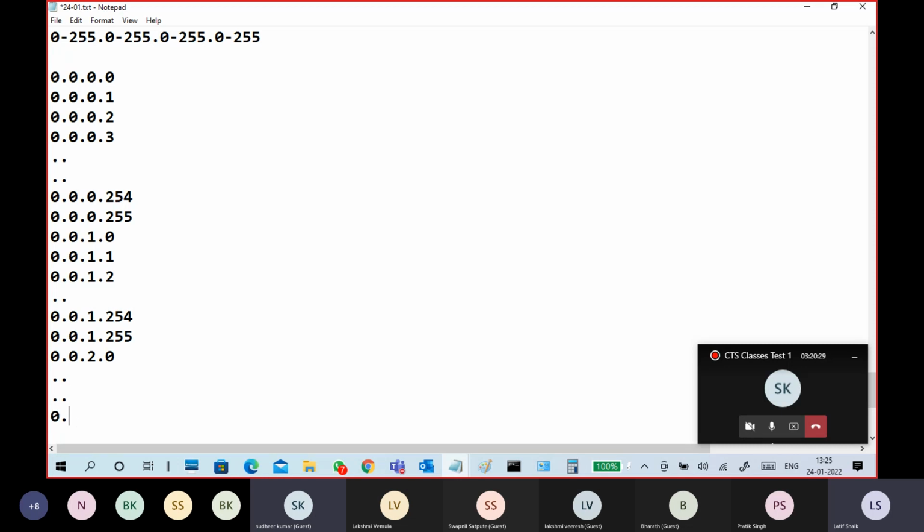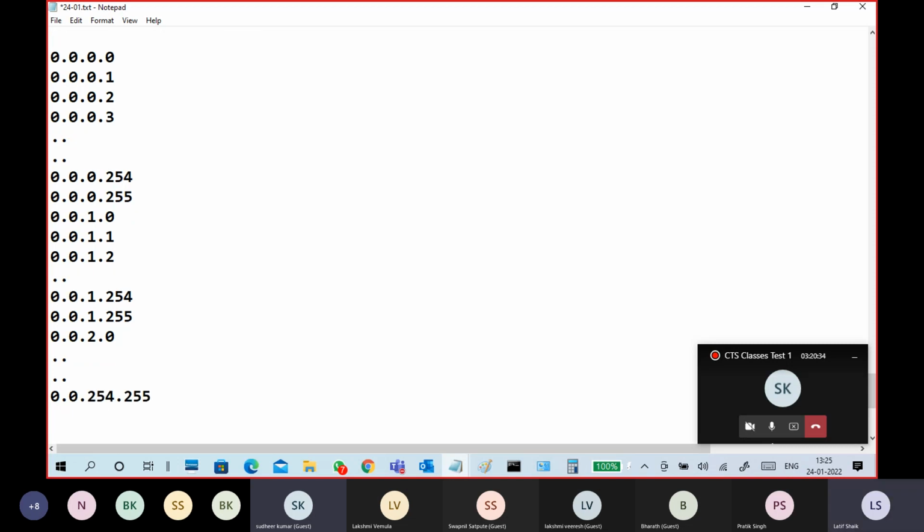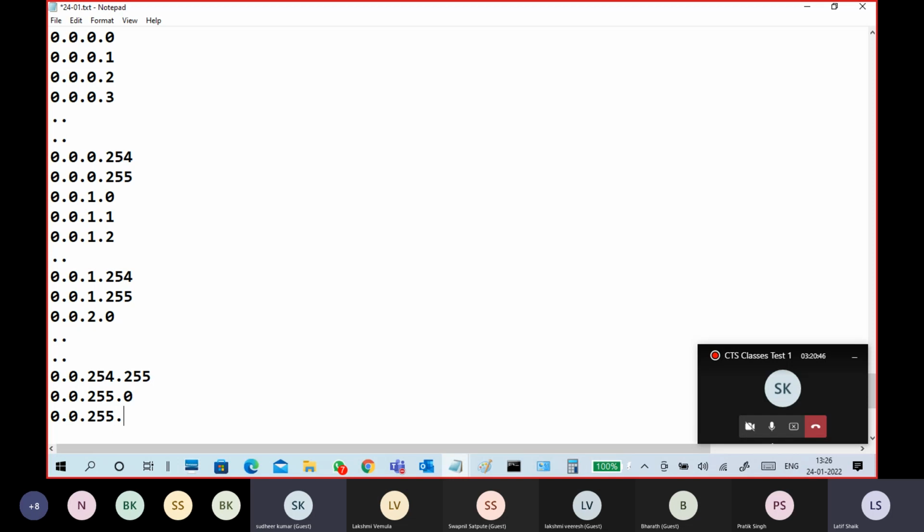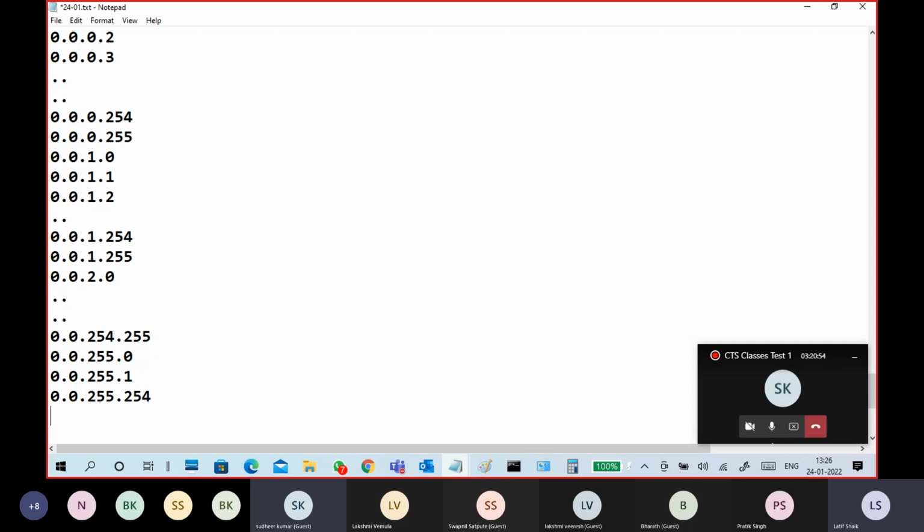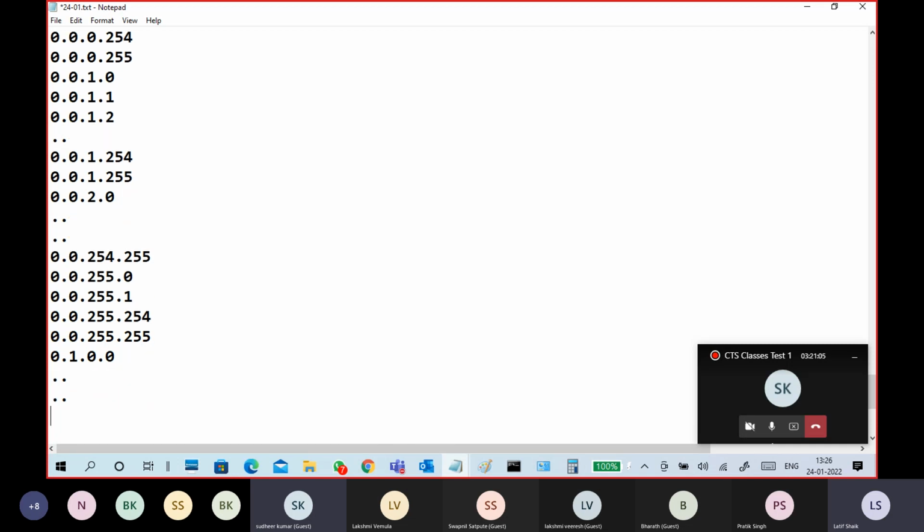Next one is 0.0.254.255. Then it becomes 0.0.255.0 and 0.0.255.1. So finally it reaches 255.254.255.255, then 0.1.0.0. The cycle goes like this until the last one.